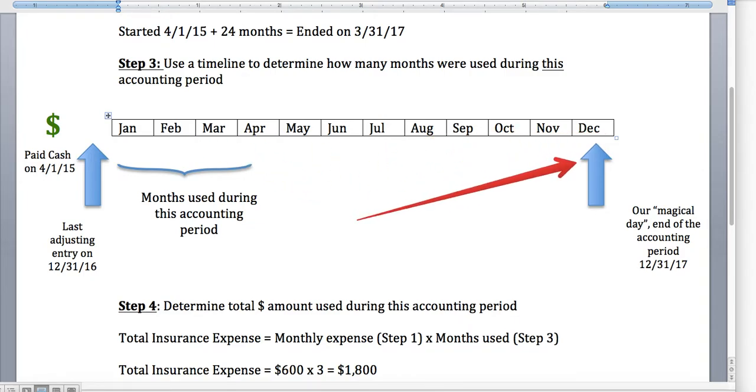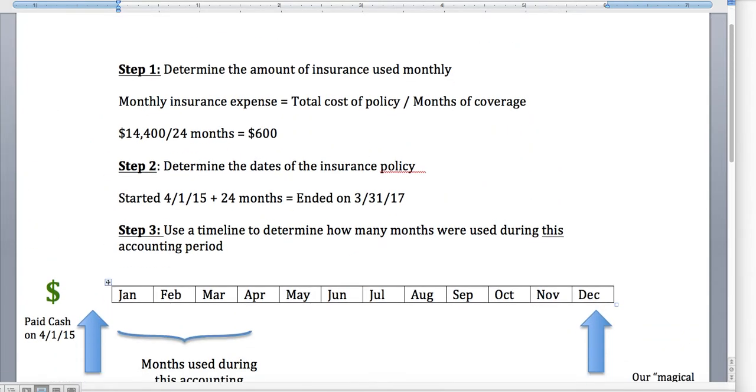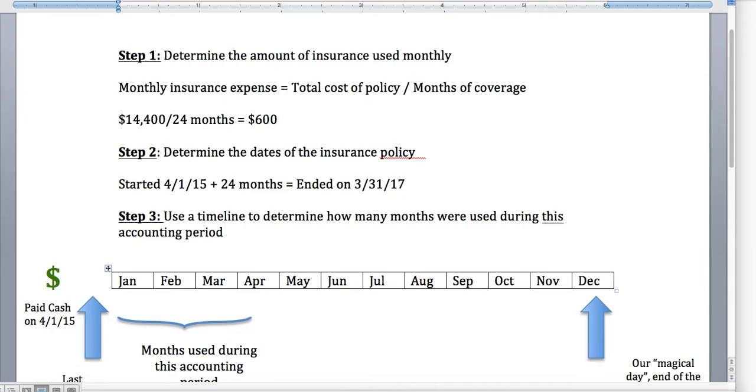So you're going to have different things for each policy. Some of them are going to just be the first part of the year. Some are going to be the whole year, and some are going to be just the end of the year. But again, like I've said before, you really have to pay close attention to dates. And hopefully through this 3-step process, you'll be able to identify the dates very well.